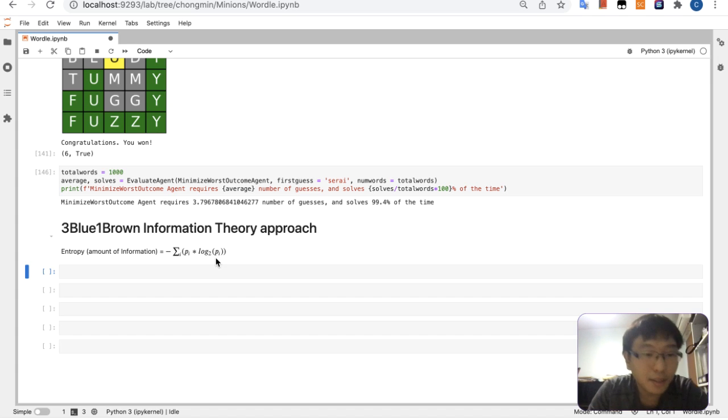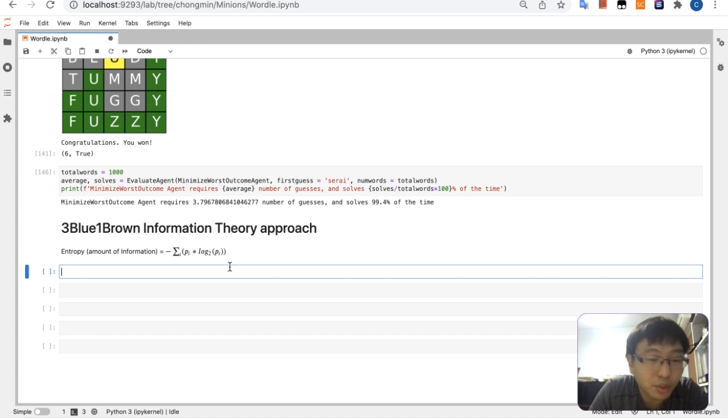Negative sum i, pi times log 2 pi. Yeah, that's essentially what we are trying to do.